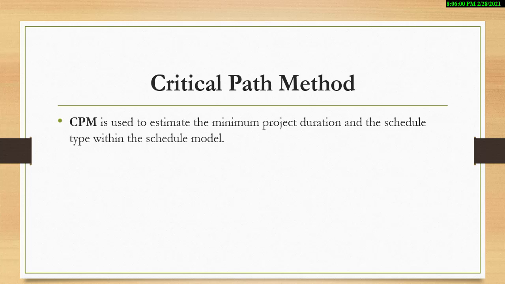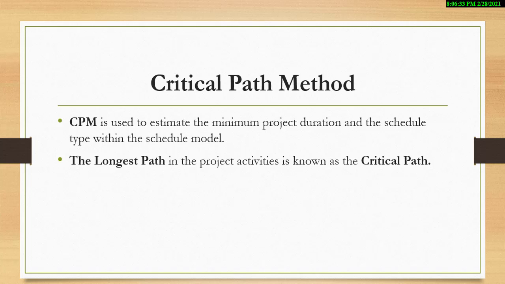When I talk of the project duration, I mean the starting and the finishing duration of the project. And then the schedule type, either backward scheduling or forward scheduling within the schedule model. So the critical path method helps us to estimate that minimum project duration.